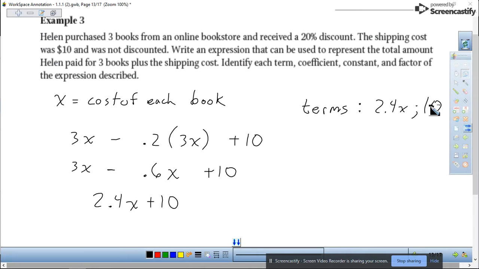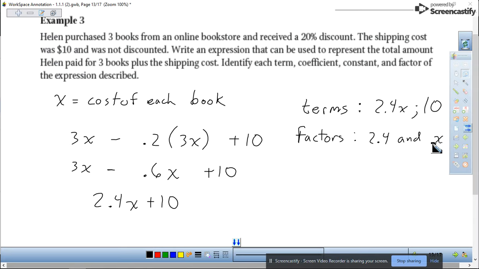Next, I like to look at my factors. Again, factors are terms that contain multiplication. So I look back at my 2 terms that I wrote down. Which one of these contains some multiplication? The first one. What are the things that are multiplied together? 2.4 and x. So those are your factors of that term.